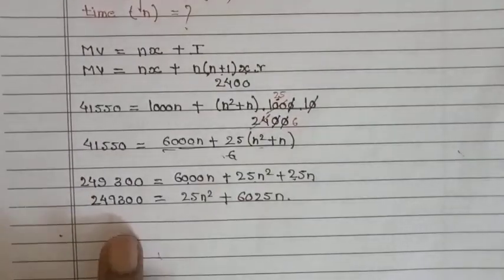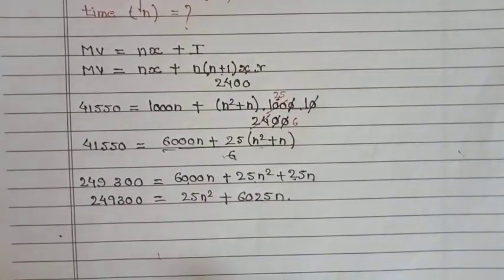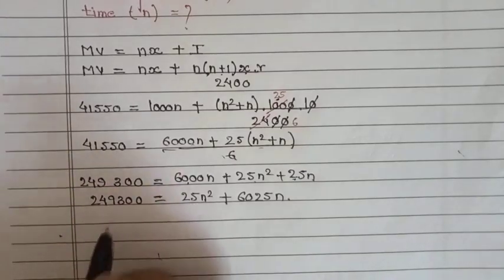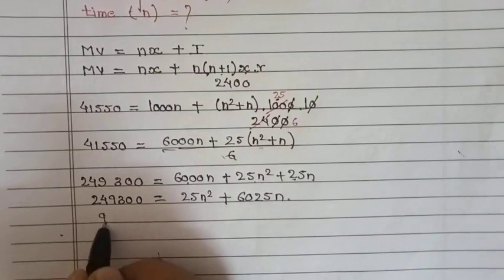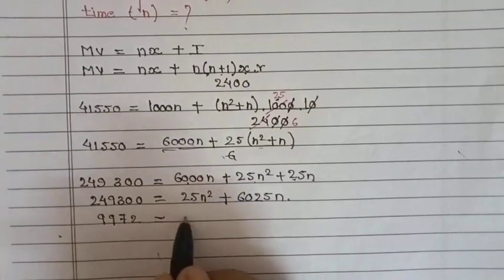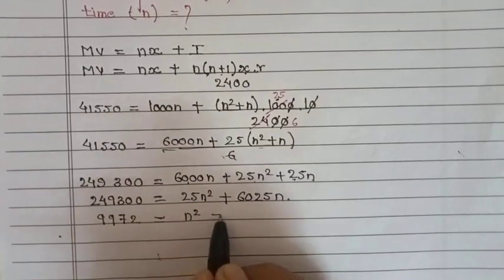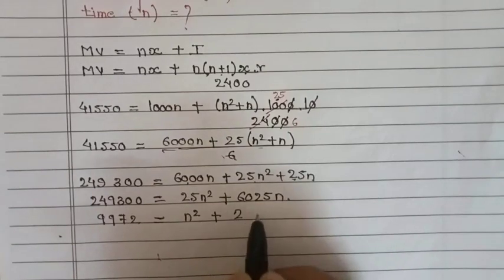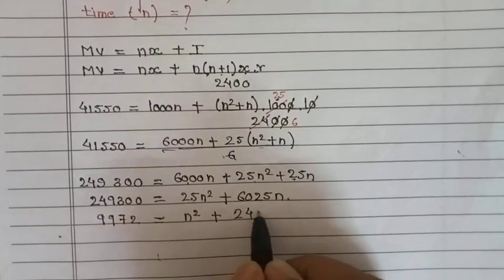Now as you can see, this whole equation is reducible by 25. So we will reduce it by 25. On reducing it by 25, this will give you 9972, this will give you N square, and this will give you 241.